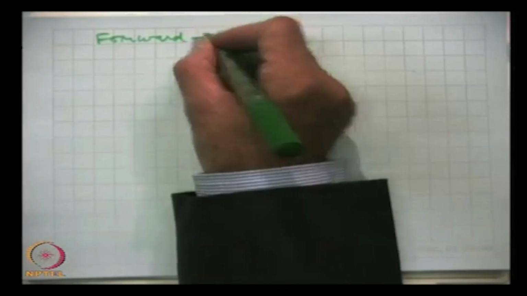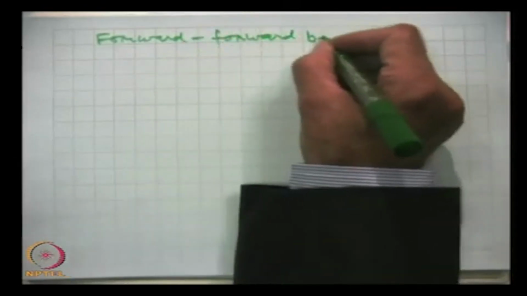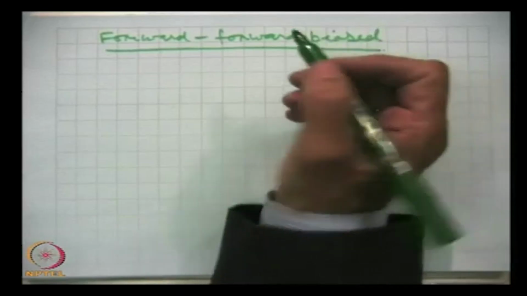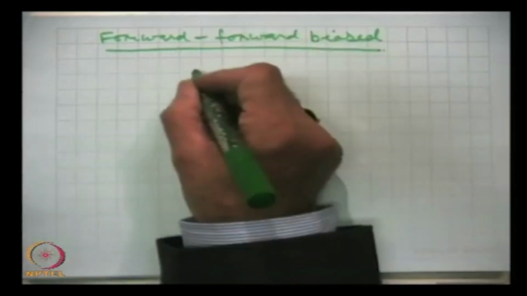First, we take forward-forward bias. And a simple circuit we can draw.